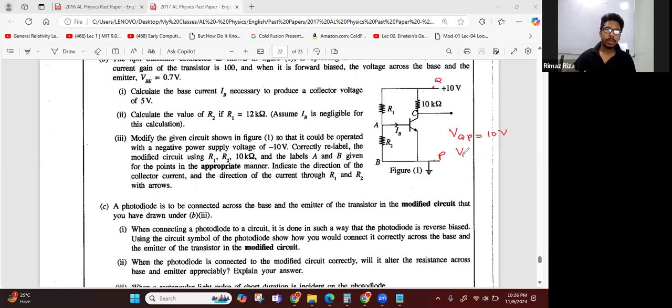Then what is VPQ? The potential at P relative to Q is minus 10 volt. So what you have to do is draw the circuit upside down. It's the best thing we can do.